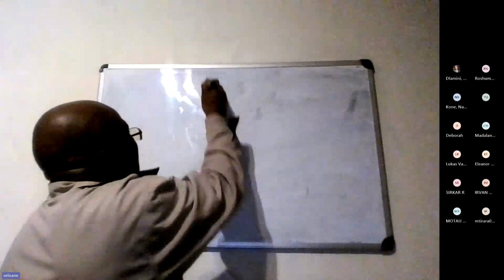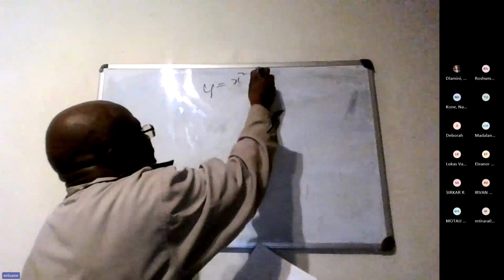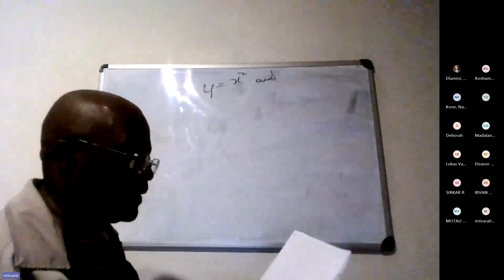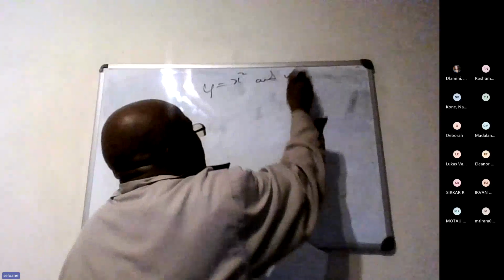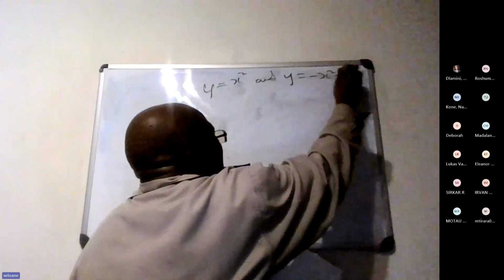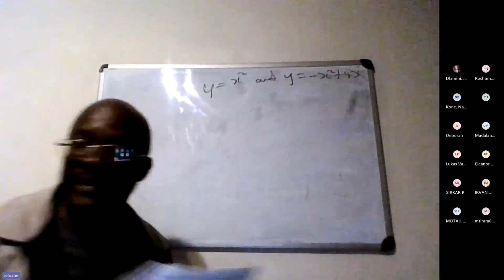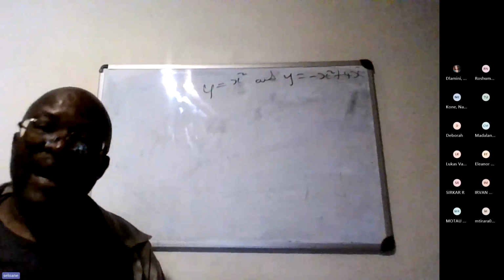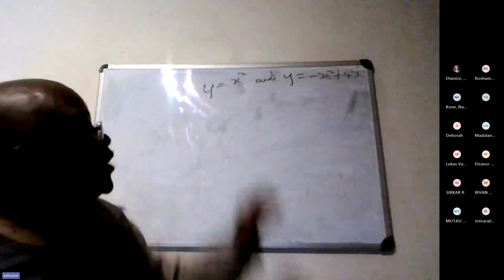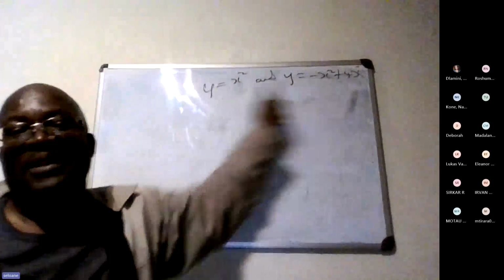The first graph is y equal to x squared. And the second graph is y equal to minus x squared plus 4x. Let me repeat this. They say find the area of the region enclosed between these two parabolas.